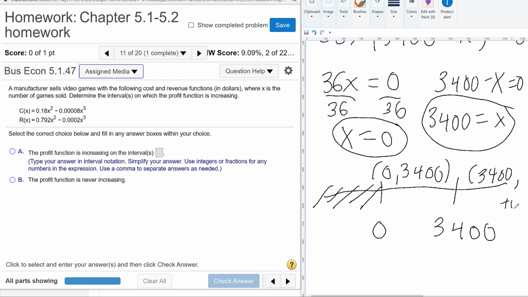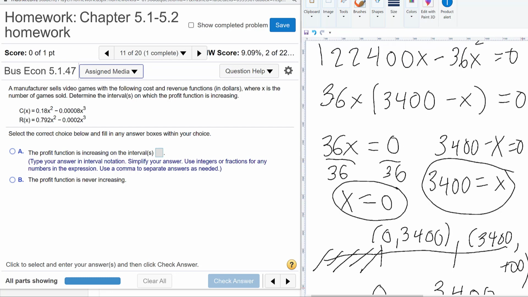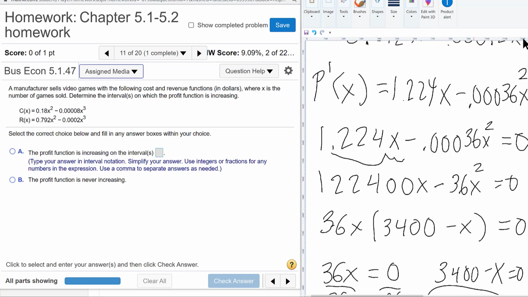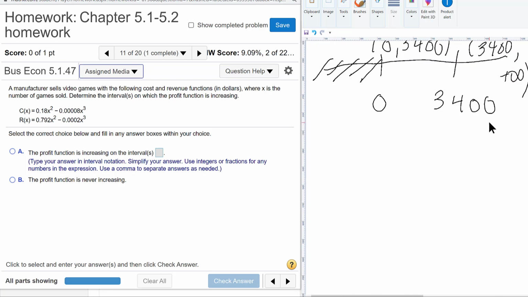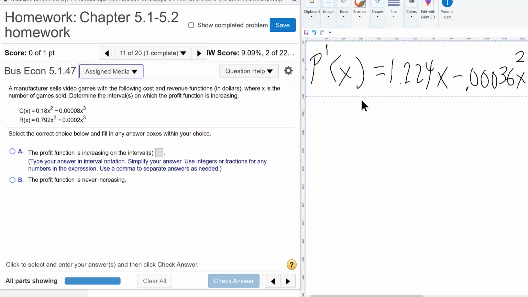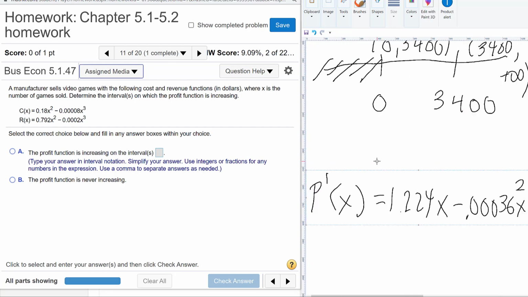So that's to plus infinity. So I take my derivative, which is this. Let me take a clip of it. And I need to evaluate it between 0 and 3,400 and to the right of that.